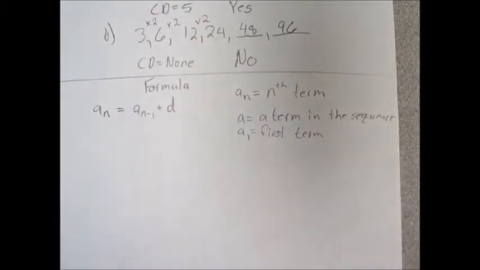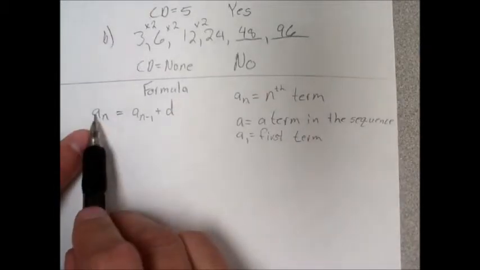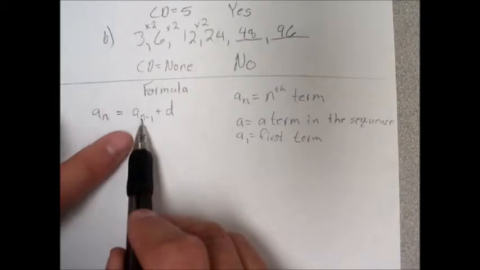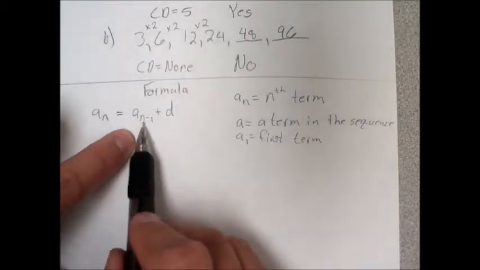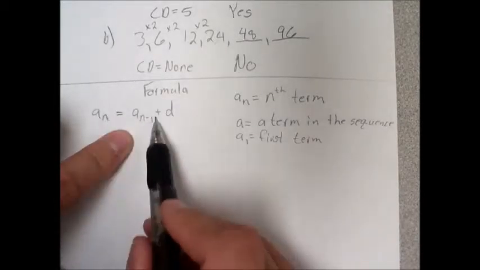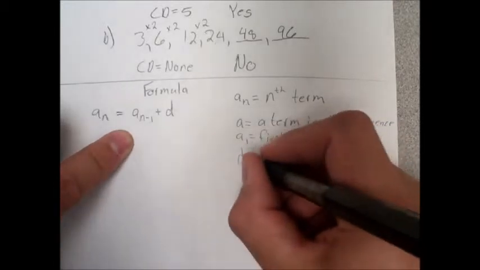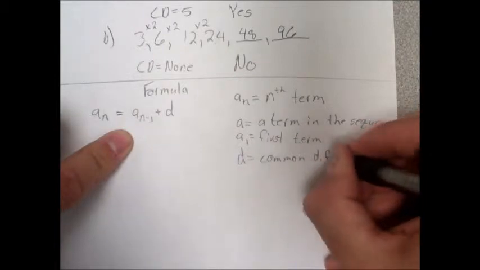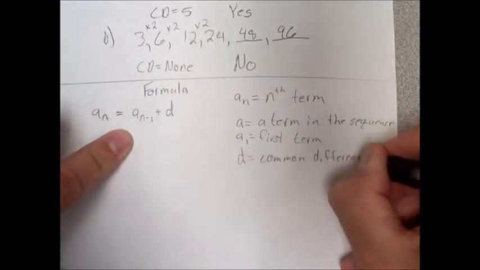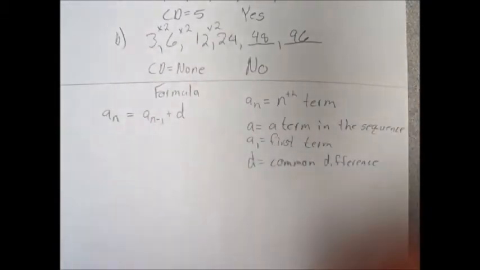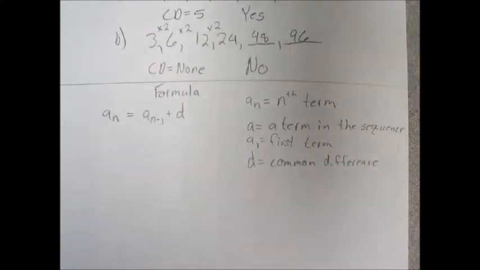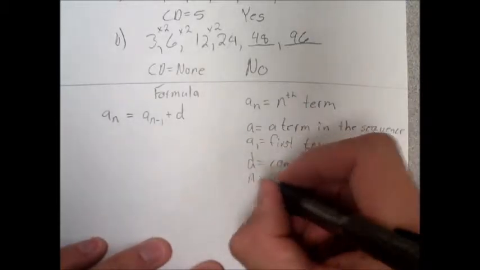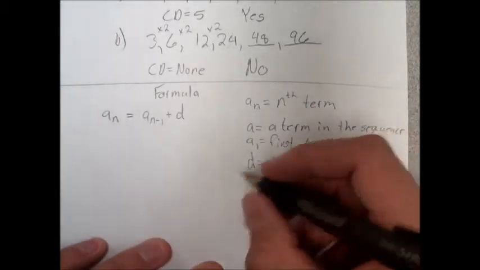Okay? So when we talk about this formula, it's whatever term we're on, equals the term before it, n minus 1 would be the term before it, plus d, which would be our common difference. Okay? And just in case we forget, I'm going to define what n is. n is the term number. Okay?